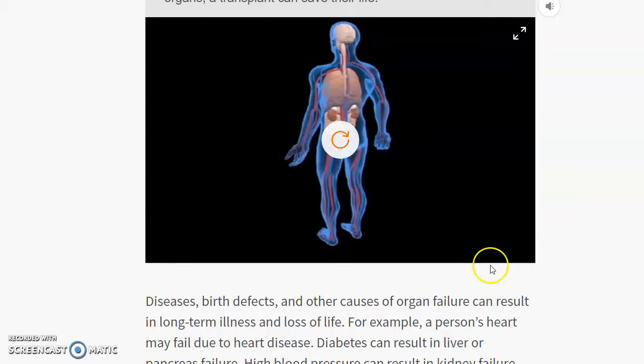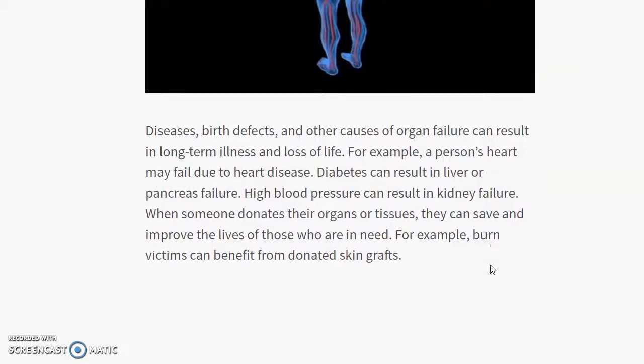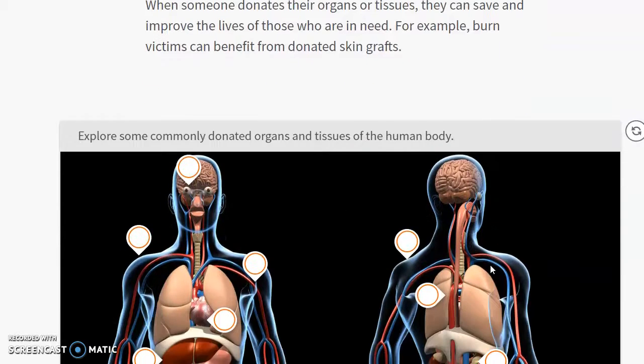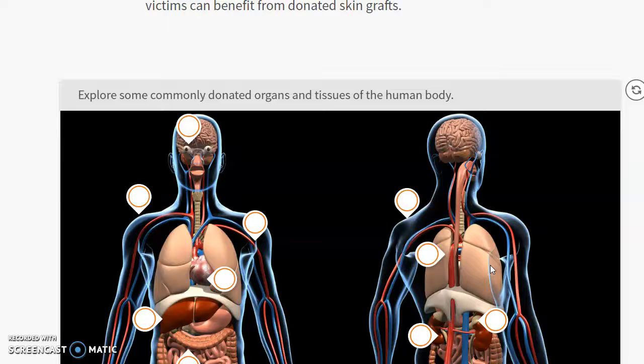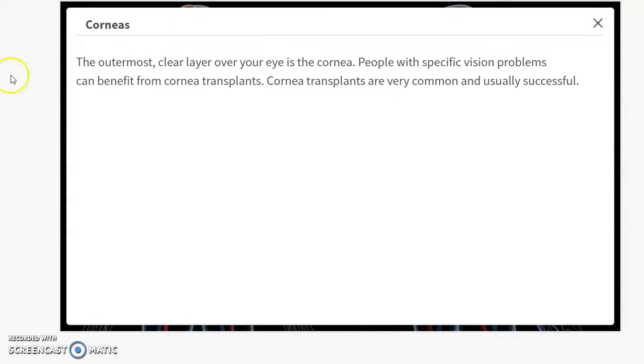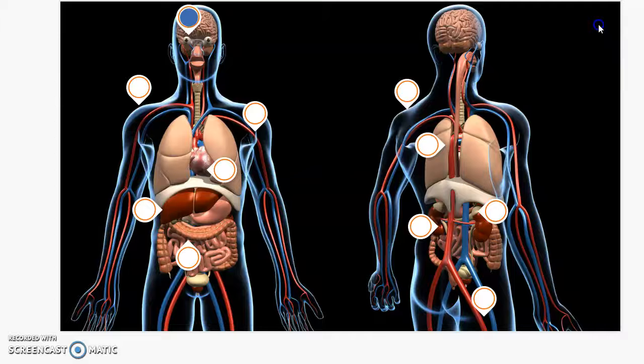Great, so you can see all the different lungs and liver and kidneys, talking about organs and how people need them. These are the different tissues that people can actually share or donate to someone else.